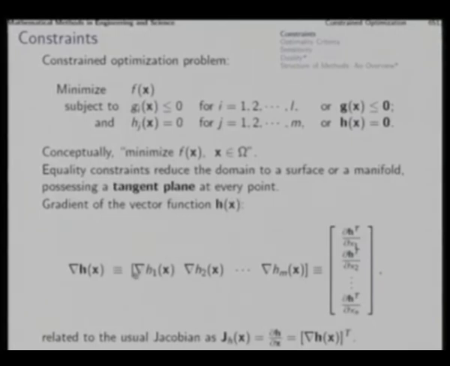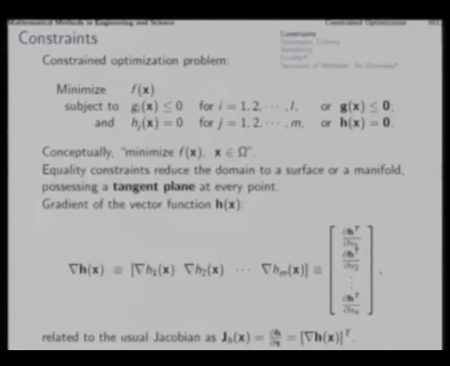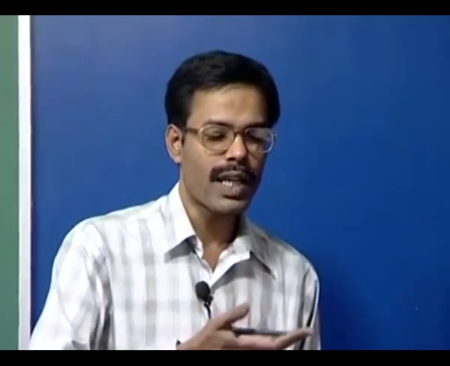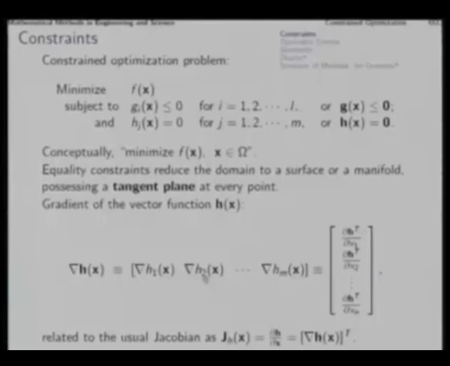Then you can see that grad h1 will be the normal to the surface describing h1(x) = 0. Similarly, grad h2 will give you a normal to the surface h2(x) = 0 and so on. So, what remains as the tangent plane will have directions which are perpendicular to all these gradient vectors, right.